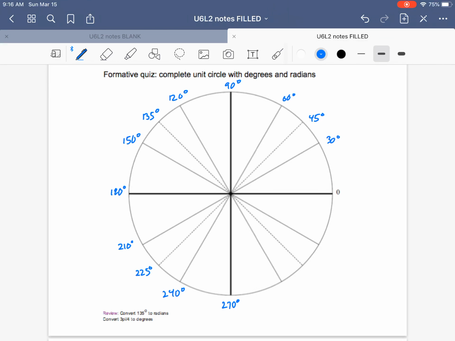This is 270. This is 300. This is 330. That's 0 degrees, also 0 radians. Also 360 degrees. And this guy here is 315. Okay, so those are all the angles in degrees.